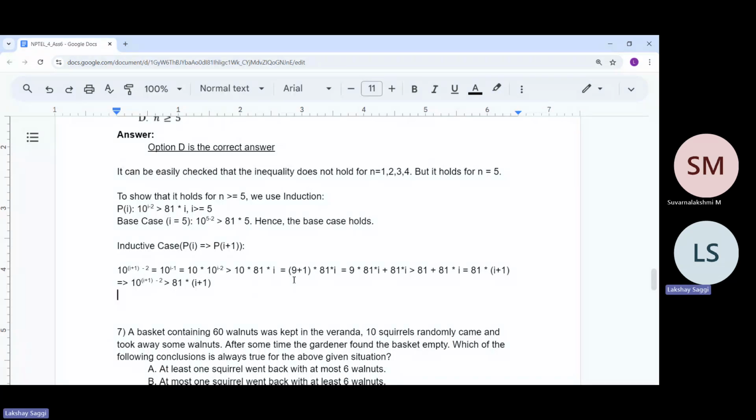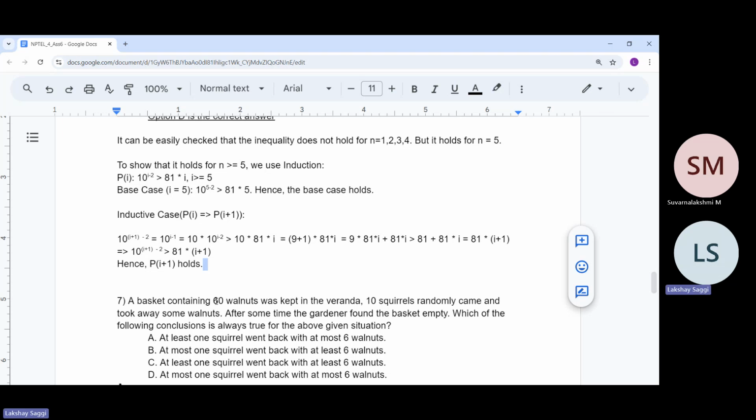And this means that, so this was indeed P of I plus 1, right? And hence P of I plus 1 holds. This was actually indeed the statement of P of I plus 1. And note that where did we use the fact that P of I was true?